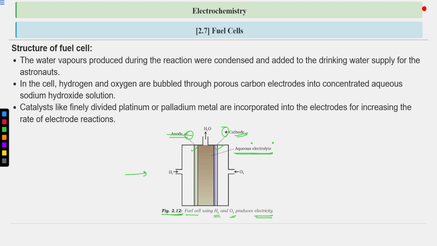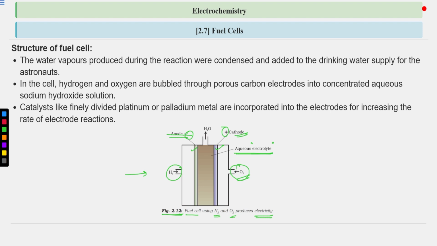We have spaces provided for the inward and outward direction, for the insertion or taking out of anything. Through this entry we are adding the hydrogen, and through this entry we are adding the oxygen gas.